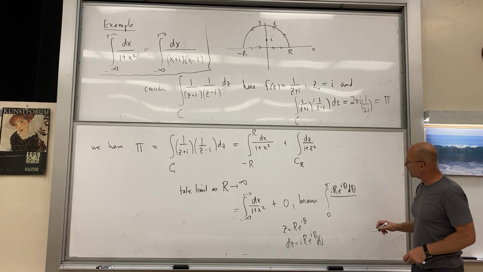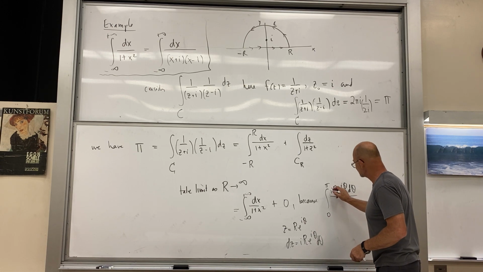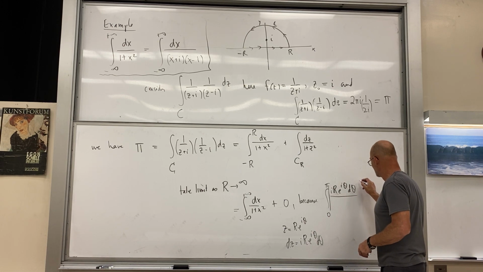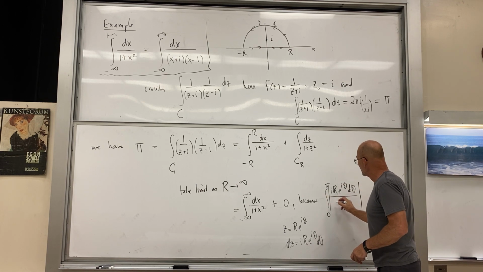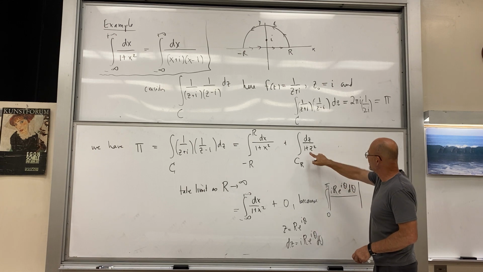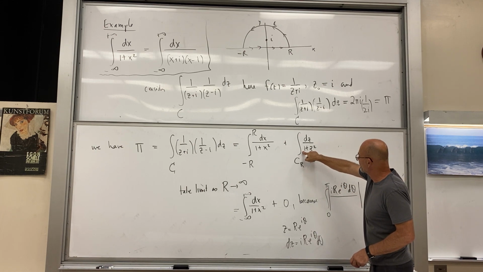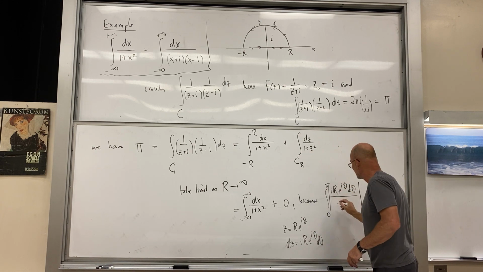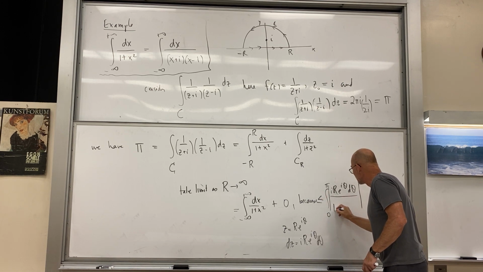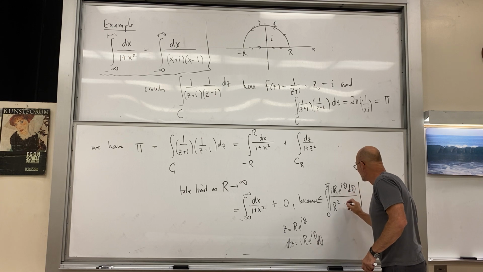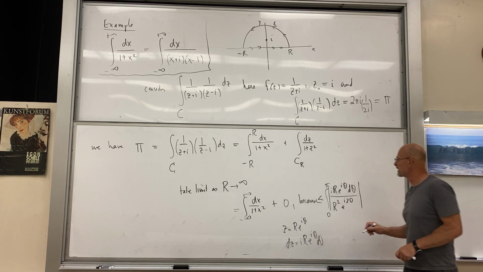And what we're going to do is estimate this thing. And the absolute value of 1 plus z squared is bounded below, so we've got an inequality with R squared e to the i 2 theta.